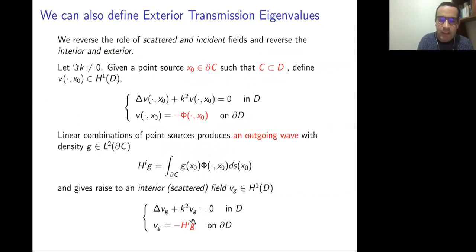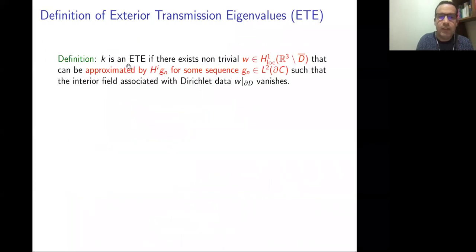So I will be invisible for the interior problem if I can build a limiting sequence for which the v_g is 0. This is what it says in here. I can now define a kind of transmission eigenvalue, but now it's an exterior transmission eigenvalue because it's related to some exterior resonance.